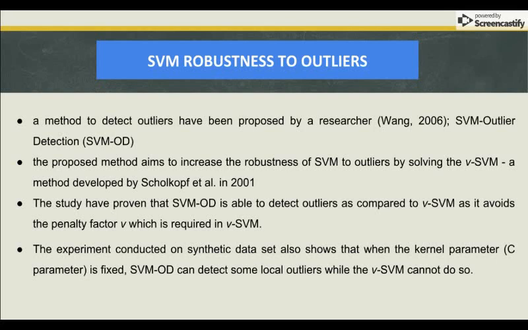The study has proven that SVM-OD is able to detect outliers as compared to VSVM, as it avoids the penalty factor v, which is required in VSVM. The experiment conducted on a synthetic dataset also shows that when the C parameter is fixed, SVM-OD can detect some local outliers while the VSVM cannot do so.